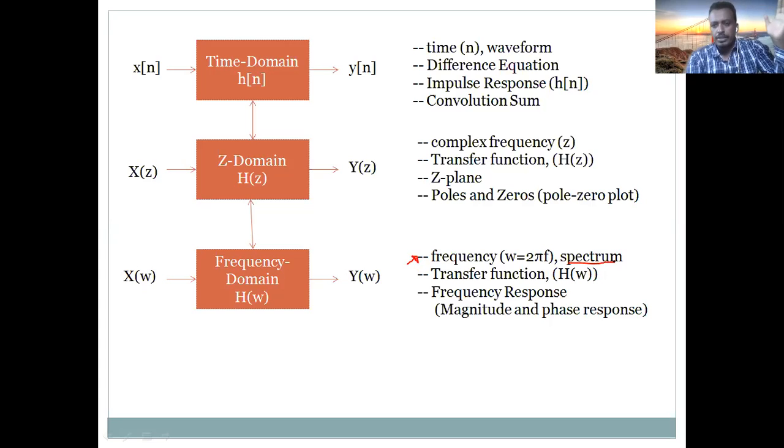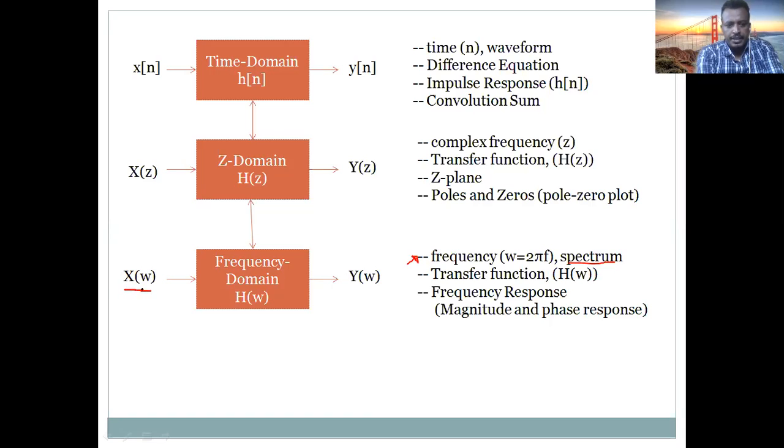If you plot the amplitude of your signal as a function of frequency, it's called the spectrum. The time domain, as we have seen, is signal amplitude as a function of n, time. That's a waveform. Now, the second way of analyzing discrete time signals is as a function of frequency.